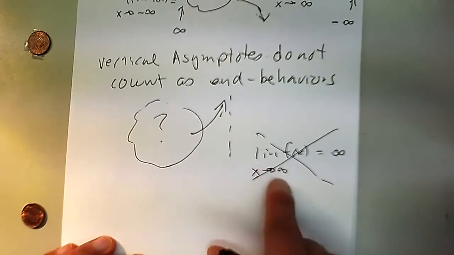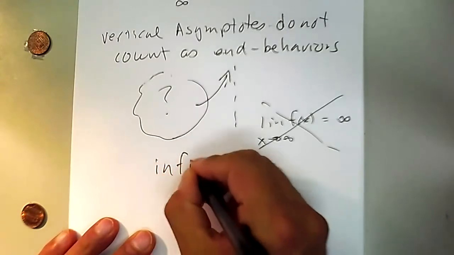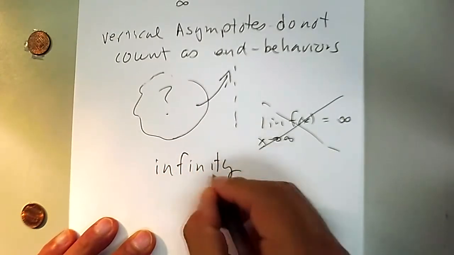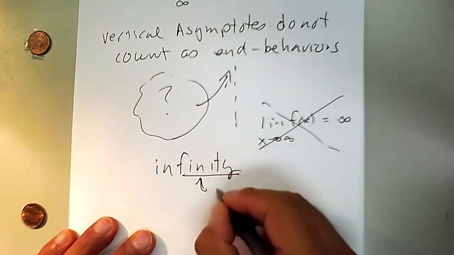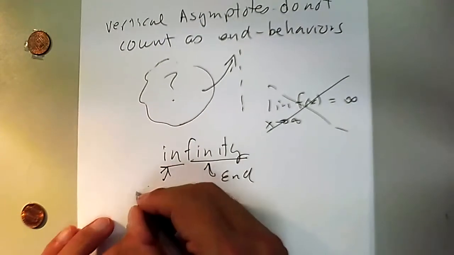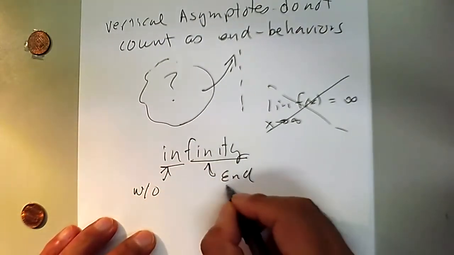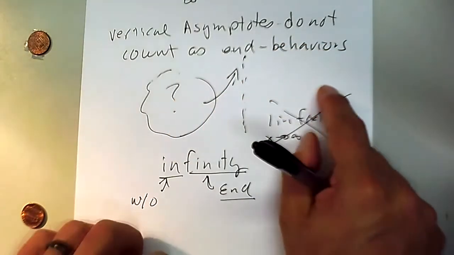Infinity means no bound. As the name says, infinity: finite, finished, end. So this means end, and in this case the prefix means without. So without end. And this would be an end to the motion going forward.